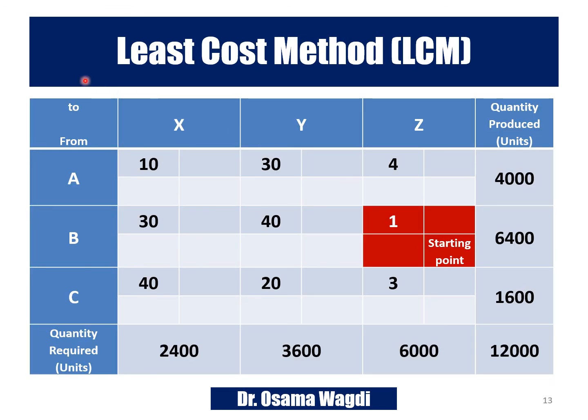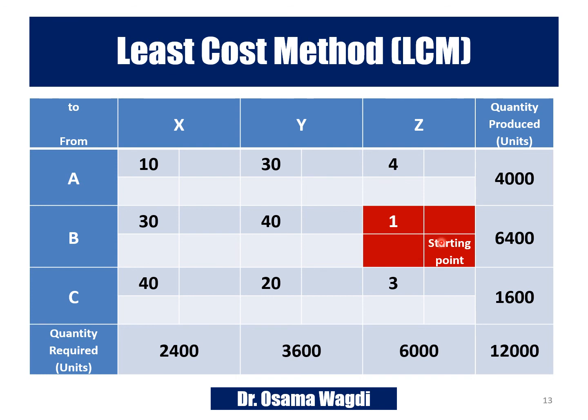Now we're going to start to solve the next requirement, which is the least cost method. We said in the previous video, to solve this method, we should start from the least number of cost. These are the costs. So of course the least number here is $1. So I'm going to start from this cell.